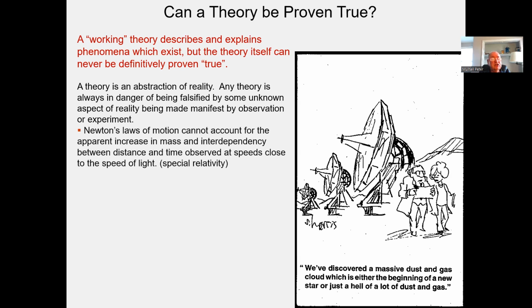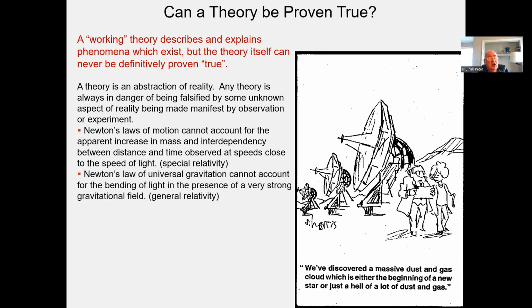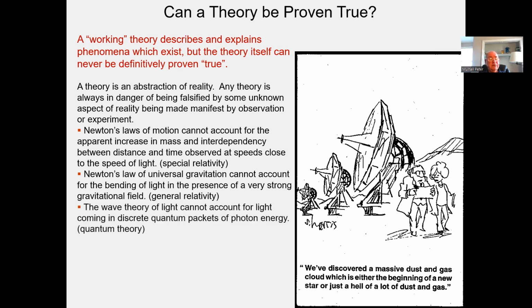Examples: Newton's law of motion can't account for the apparent increase in mass and the interdependency between distance and time, all observed when speeds of particles get close to the speed of light, right? Newton's laws cannot account for that. That requires special relativity. Newton's law of gravity can't account for the bending of light, as we saw with Eddington's verification in 1919, but general relativity can.